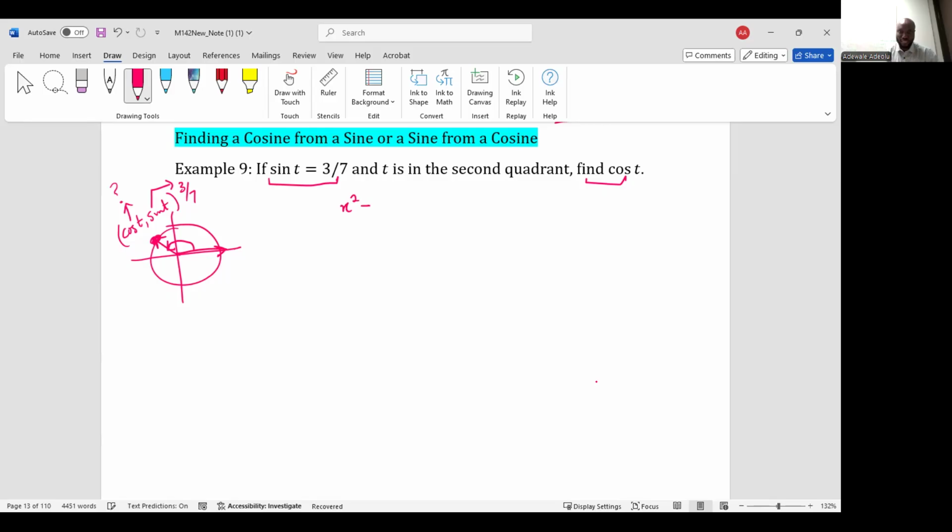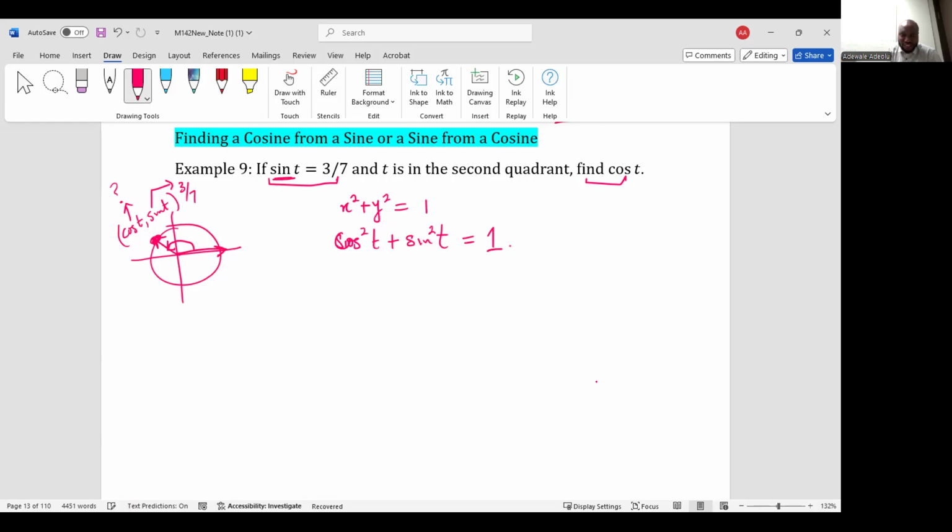We know that x squared plus y squared equals 1 squared, since we are dealing with the unit circle and the radius is 1, which is 1. Now, cosine squared of t plus sine squared of t equals 1. We just saw that earlier.